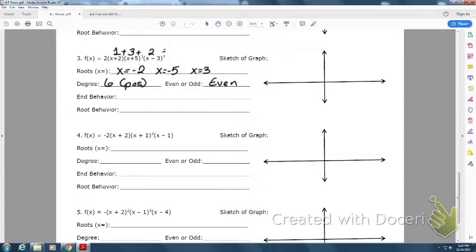So Sam, what is my end behavior? So just tell me up, up or down, down. So if it's positive, would it be up, up, or down, down? Up, up.